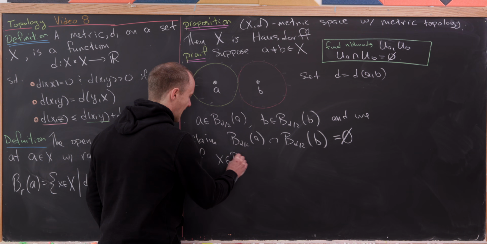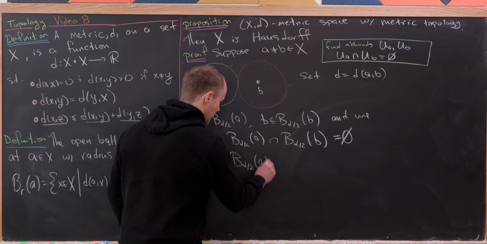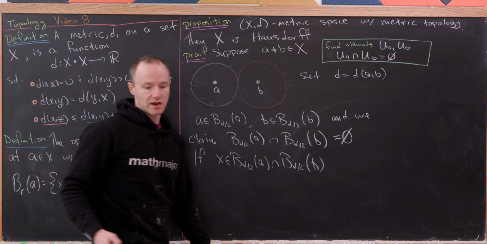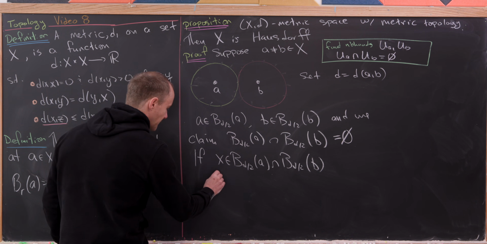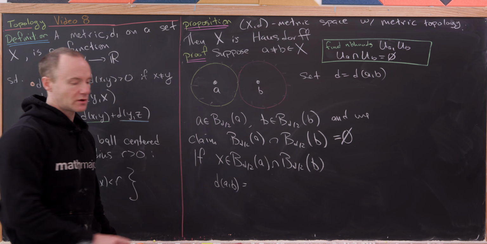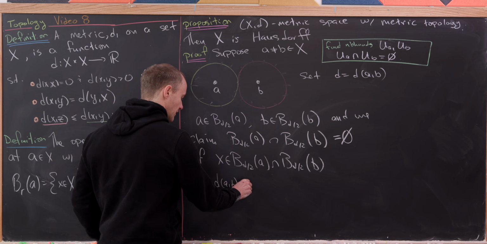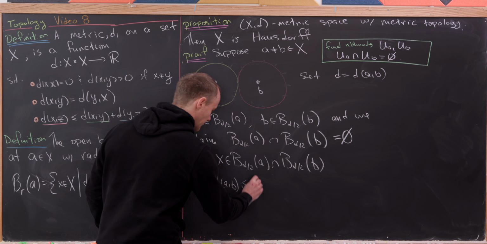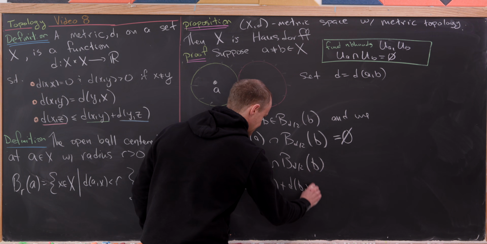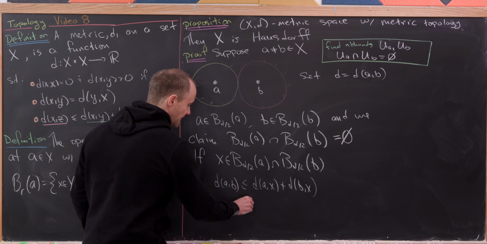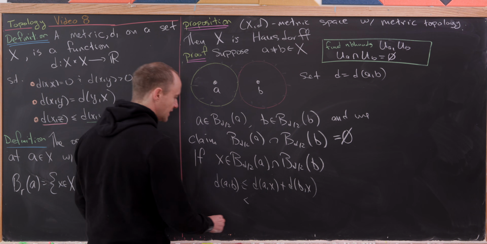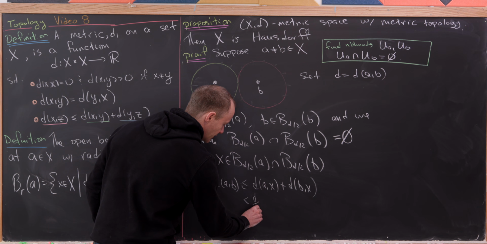So let's say we've got an X inside of this intersection. Then let's look at the distance from A to B. Using the triangle inequality, we know the distance from A to B is less than or equal to the distance from A to X plus the distance from B to X. But given that X is in the ball of radius D over 2 centered at A, we know that's strictly less than D over 2.